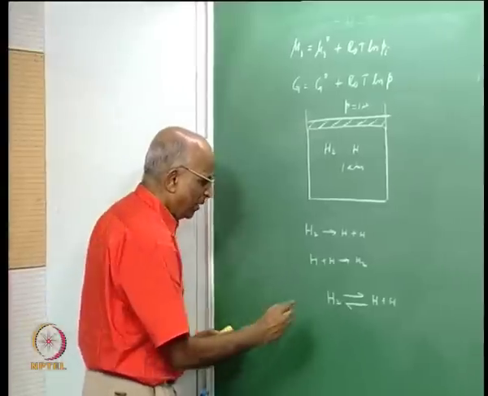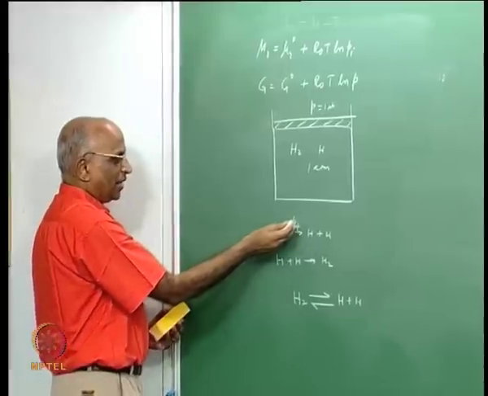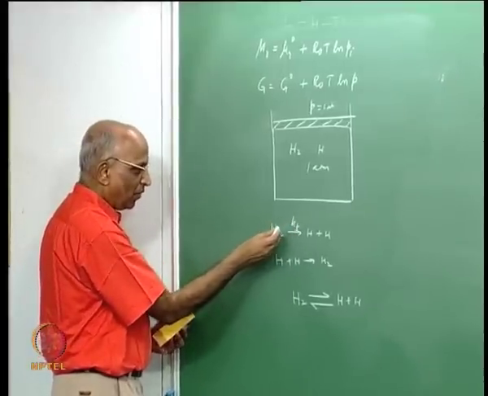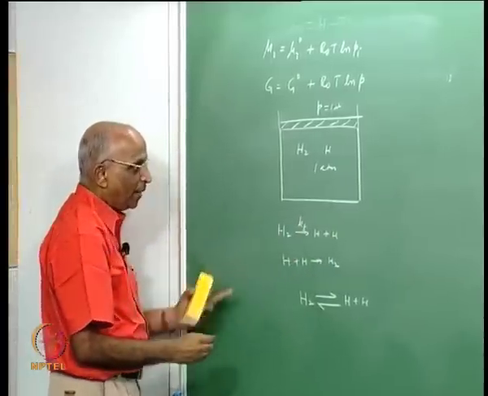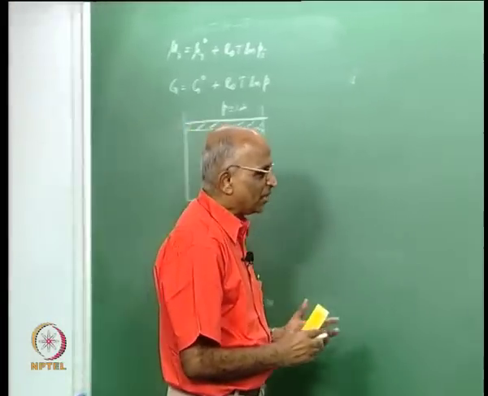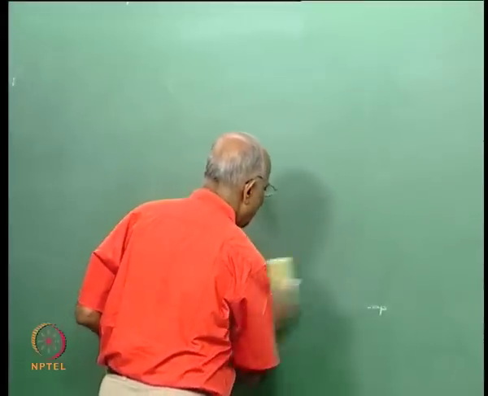Now I say let the reaction rate constant for this forward reaction, that is the kinetic rate constant for hydrogen being converted to H and H, be small kf. When we studied combustion we used the law of mass action, and what does the law of mass action say?